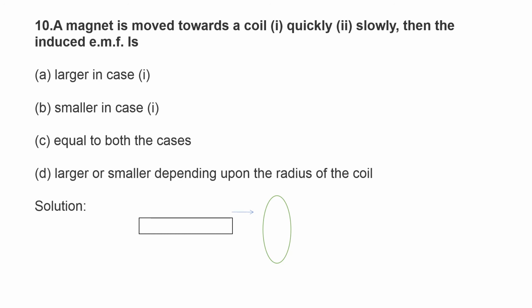When the magnet is moved towards the coil, what happens? This magnet produces magnetic field lines which link with the coil and produce magnetic flux. When it is moved towards the coil, the magnetic flux changes.